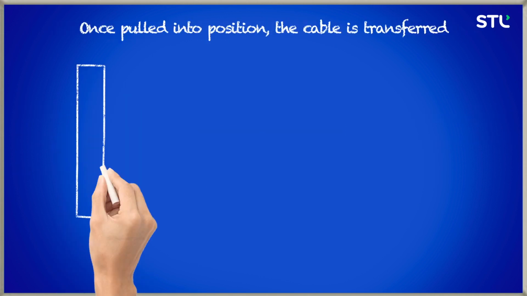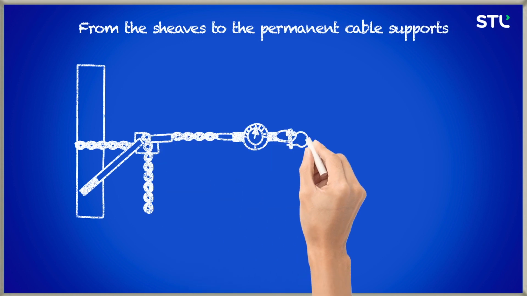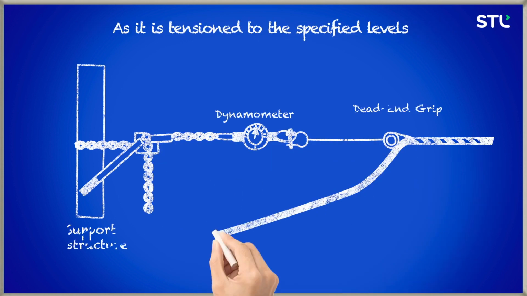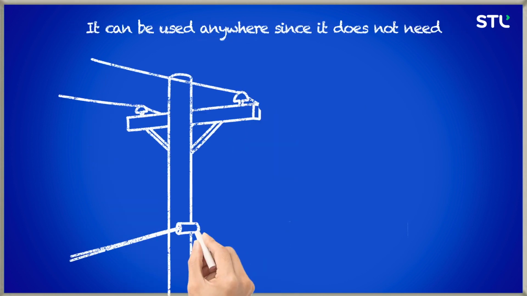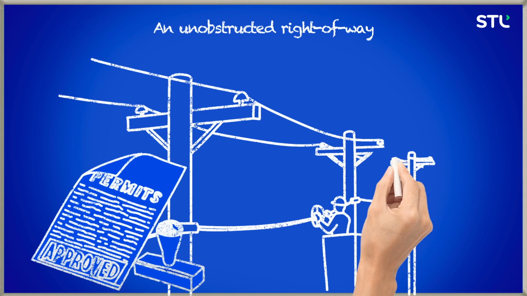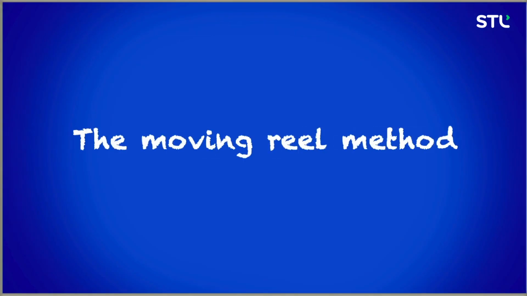Once pulled into position, the cable is transferred from the sheaves to the permanent cable support as it is tensioned to the specified levels. It can be used anywhere since it does not need an unobstructed right-of-way or vehicular access to the pole line.